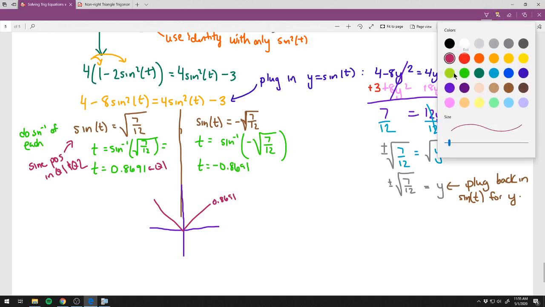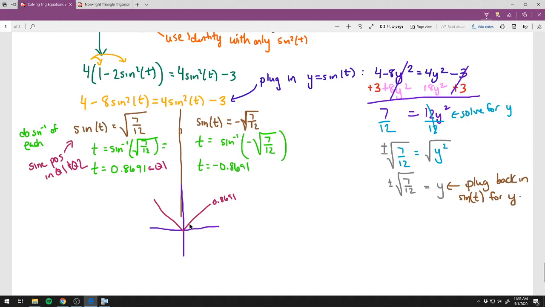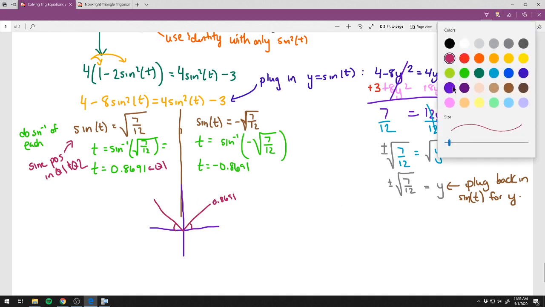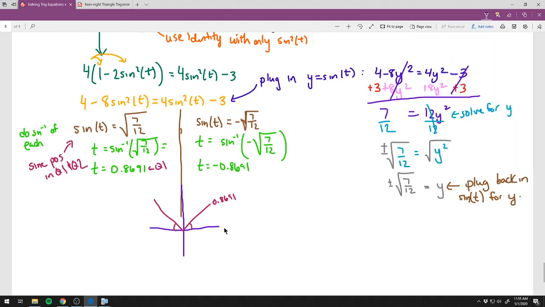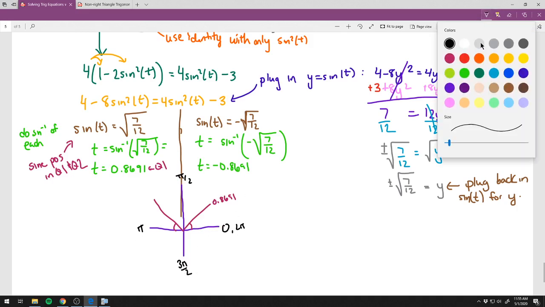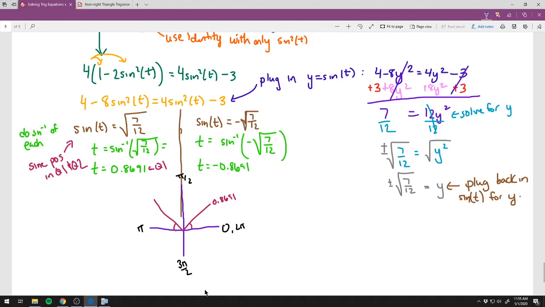And if you want to keep solving for that and you get the other one, the reference angle here, since it's in quadrant 1, is exactly itself. That reference angle is going to be 0.8691 as well.